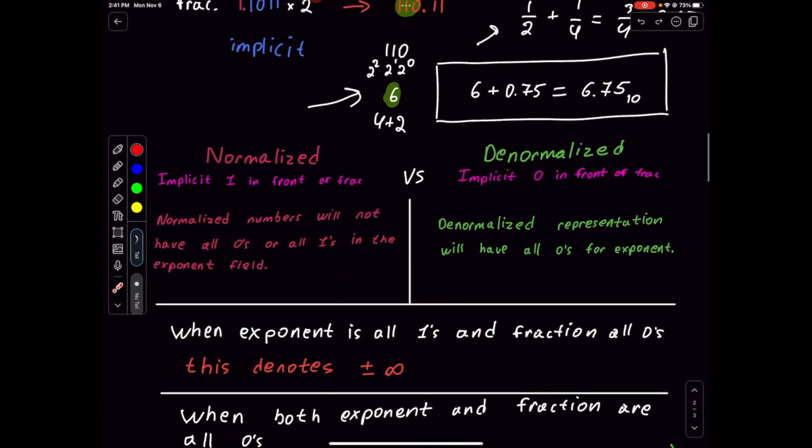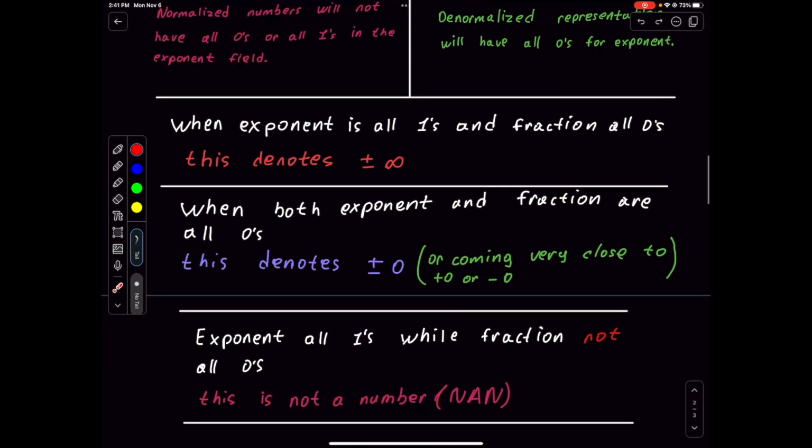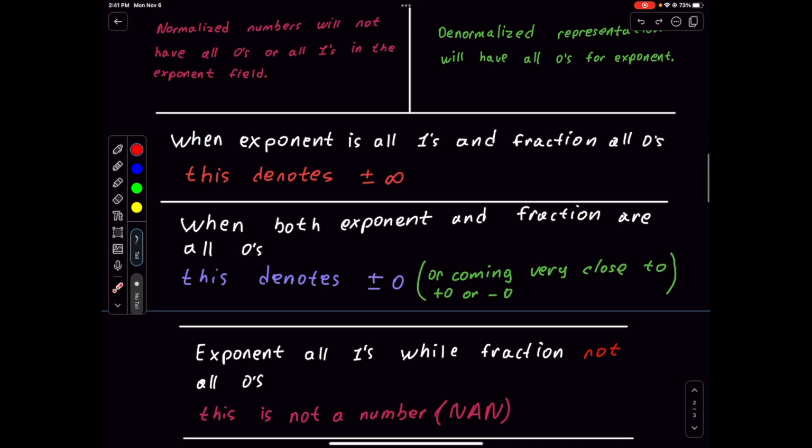Now let's go down. All right. There are a few important things that I've written down that will help us out. When the exponent is all ones and the fraction is all zeros, this will denote negative and positive infinity. Of course, the sign bit can vary. That is how it works. Let's write it down real quick over here.